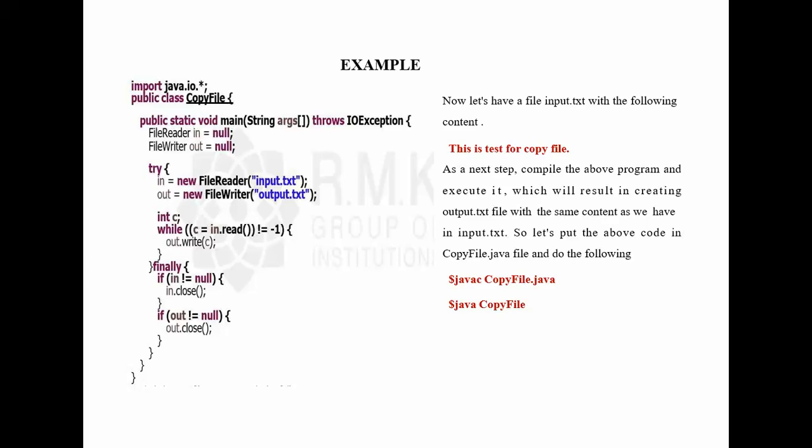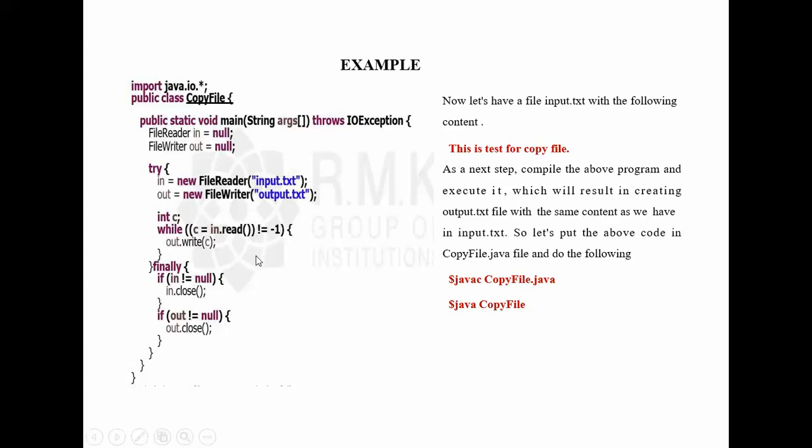There we can write one byte at a time. In the character streams we are going to write two bytes at a time. If you observe the same program here, only the class names will be changed: the file reader and file writer. The objects created for the classes are in and out. Same as the previous byte stream mechanism, the in object is used for reading the contents present in the file, and the out object is used to copy the contents from the input file to the output file.